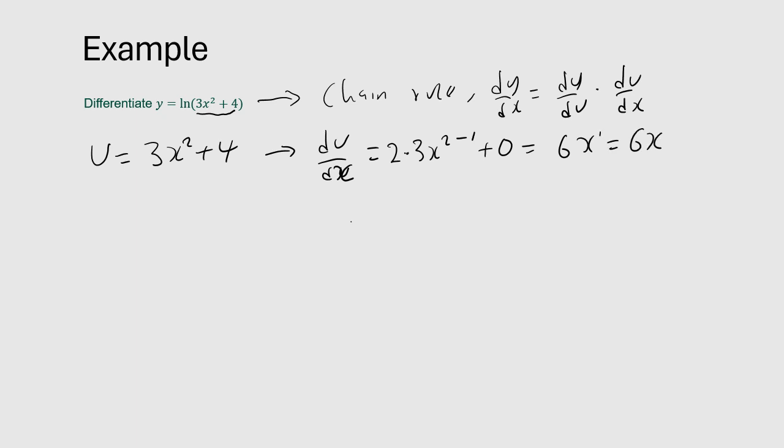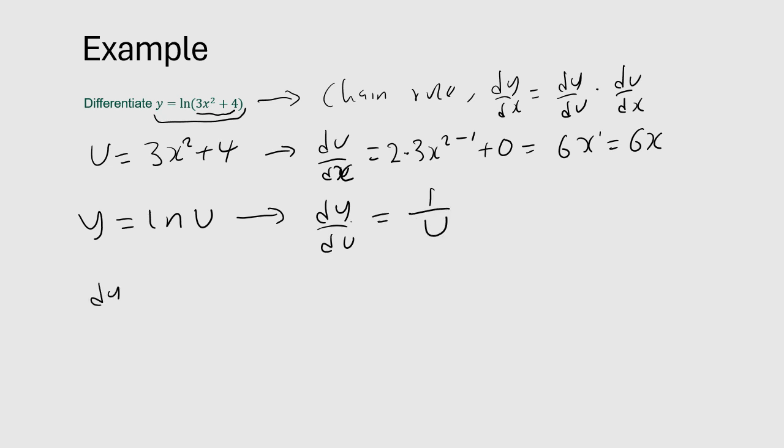So from here, I have y equal to ln(3x squared plus 4). Instead of 3x squared plus 4, I can just write u, since I said u is equal to 3x squared plus 4. And if you remember, dy over du, where y is ln u, is just 1 over u.